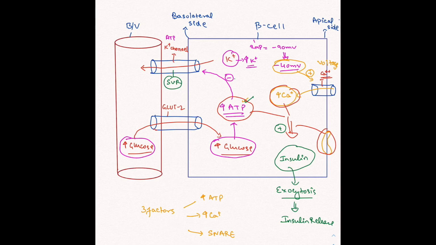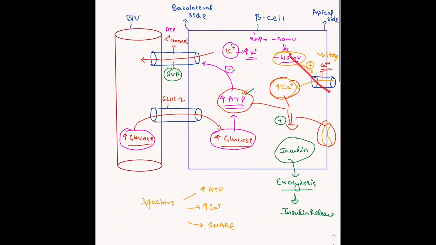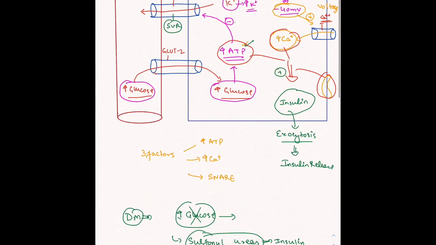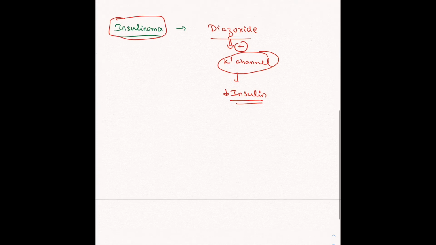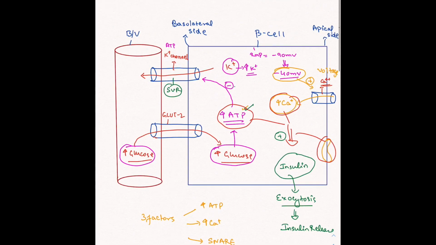So the resting membrane potential will remain at minus 90 millivolt. This will not facilitate calcium channel opening, so it inhibits insulin release. This will lead to decreased insulin, which is helpful in a condition where there is excess insulin, that is insulinoma. So basically this is all about release of insulin.